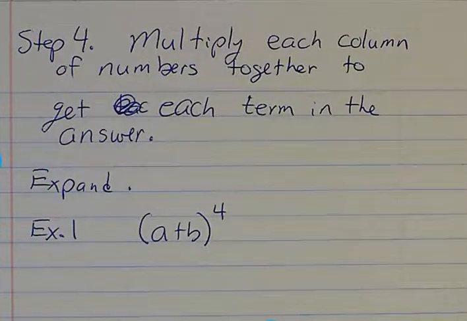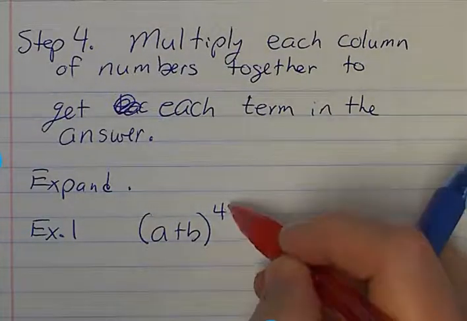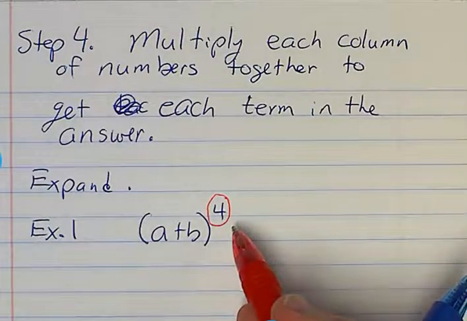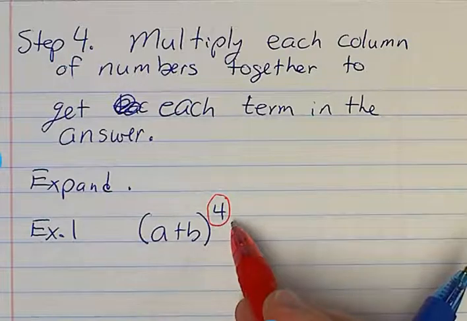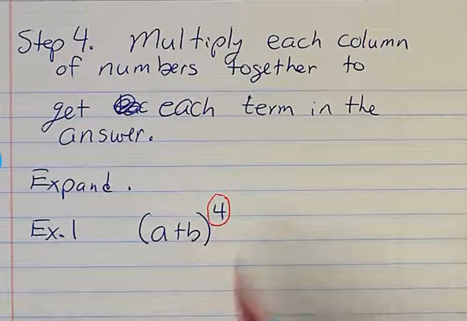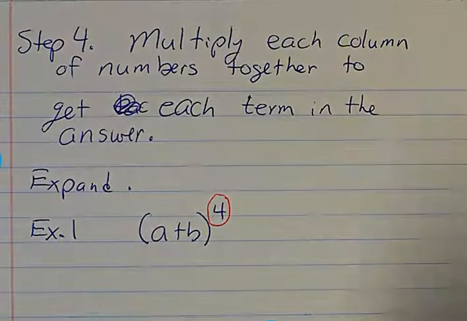So the very first thing you're going to do: since this is to the 4th power, you need the row of numbers from Pascal's triangle where 4 is the first number. Now again, just flashing back here real quick.